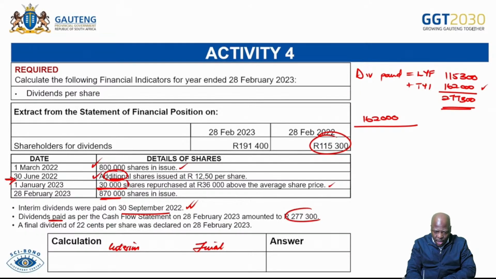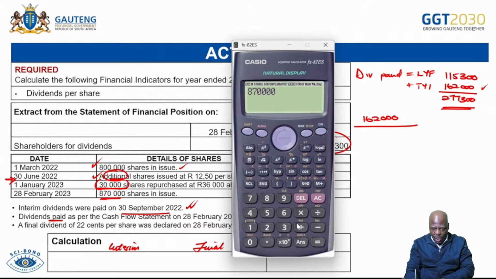These are repurchased shares. Once they are repurchased, they're in brackets. So I'm going to say 870 plus 30 minus 800. So it's 870 plus 30 minus 800, like that. And then that will give me number of shares that we issued.